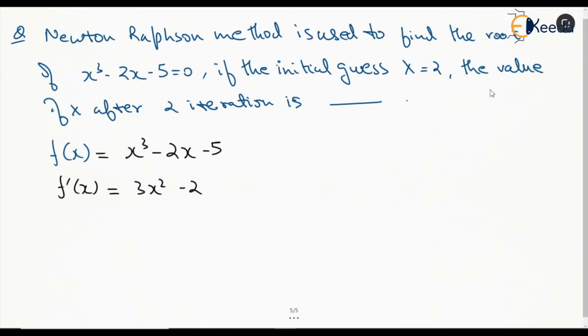Now we know the formula for Newton-Raphson method is, let's say, xn plus 1 is xn minus f of xn divided by f dash of xn.